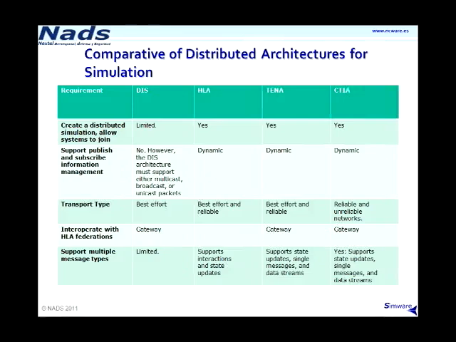All architectures can create a distributed simulation and allow any nodes to join. None of them allow new nodes to join after the simulation has begun. In this issue, this has some limitations. In support of publish and subscribe information, all the architectures can do it dynamically.